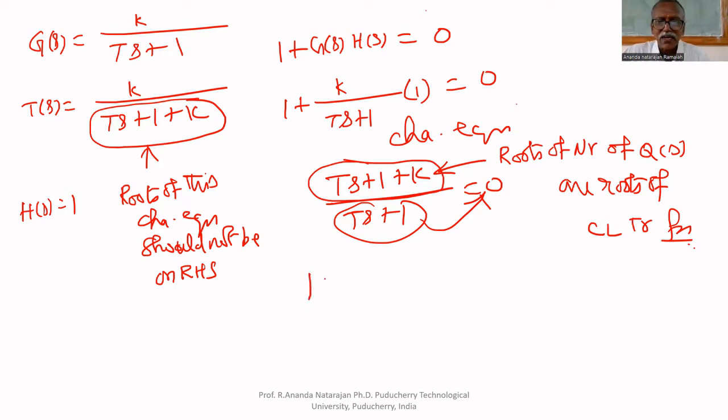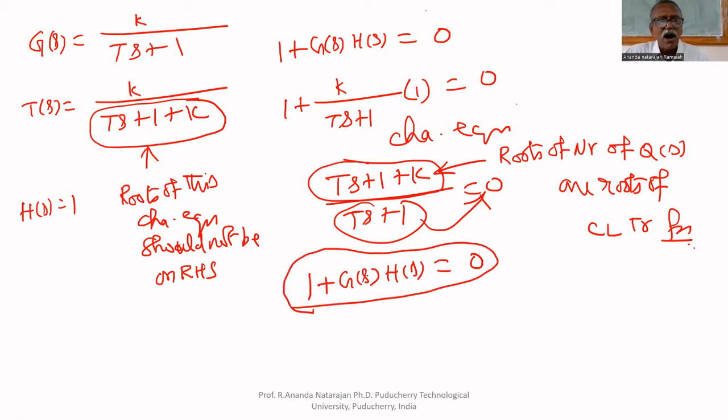So I can say that 1 plus G of S, H of S equal to 0. If I consider the numerator polynomial of this, it is the characteristic polynomial. The roots of the numerator polynomial are the closed loop poles. Am I correct or not?